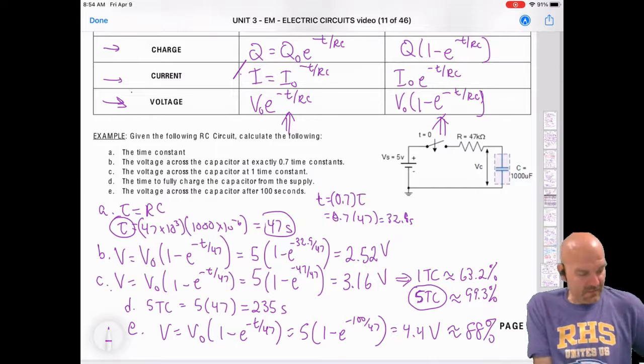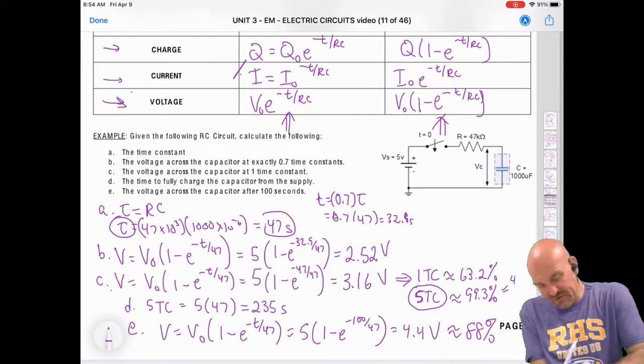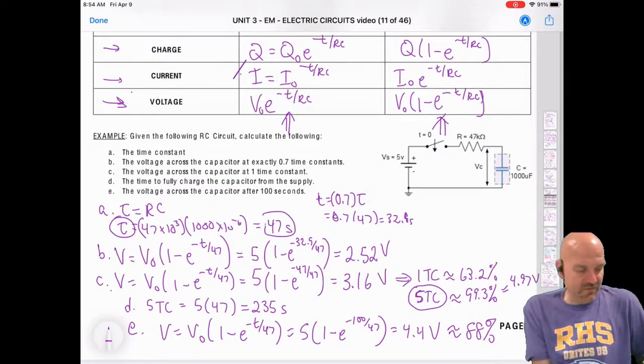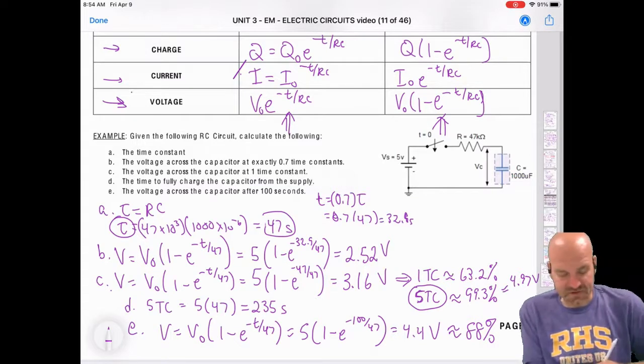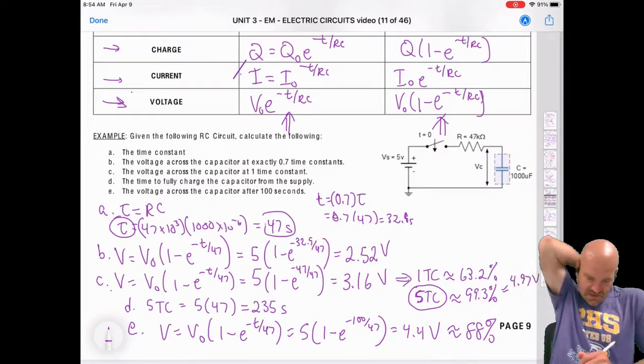And if I did the calculation using the 5 time constants, the voltage for this would be 4.97 volts. Even though we're not quite at the 5 volts, we're at approximately 99.3%, 99.4% charged.